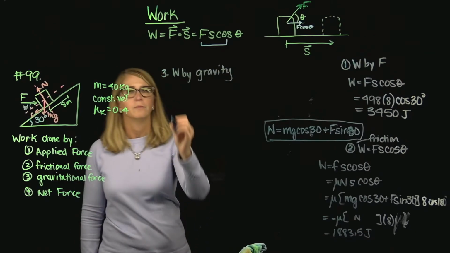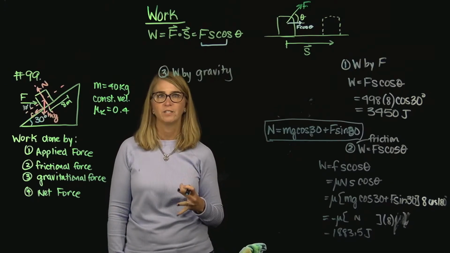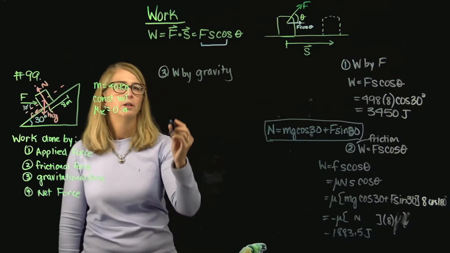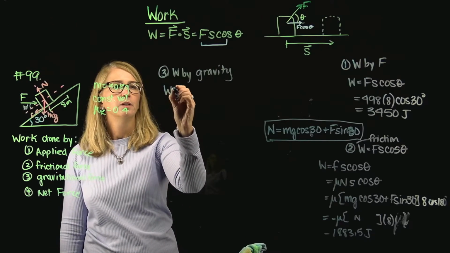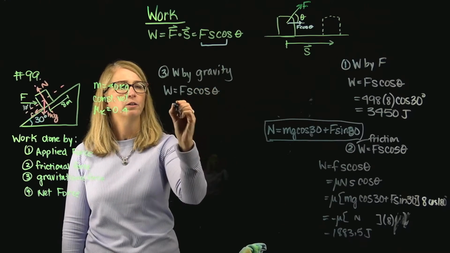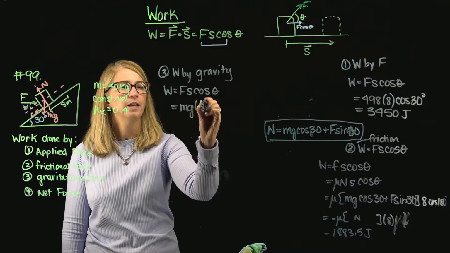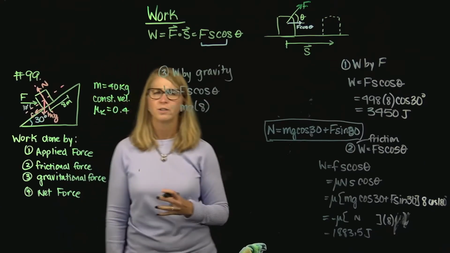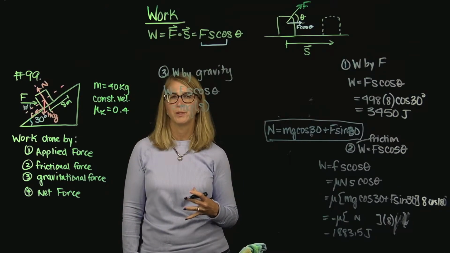The third part is to find the work done by gravity, the gravitational force, which would be equal to, again, using F s cosine of the angle. The force is mg, the distance is the 8, and now what's the angle between gravity and the displacement?